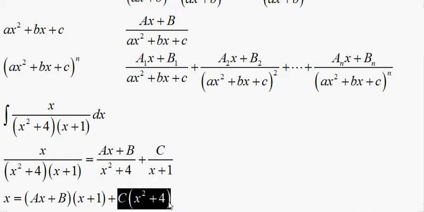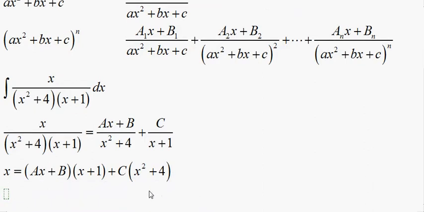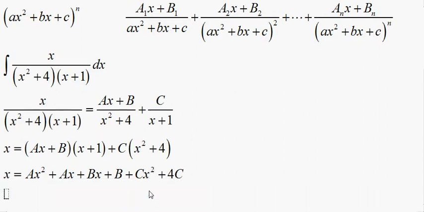There's no zeros to this term. You can use whatever method you want here, or a combination of the two methods we did first. But I'm just going to expand this. So x equals ax squared plus ax plus bx plus b plus cx squared plus 4c.